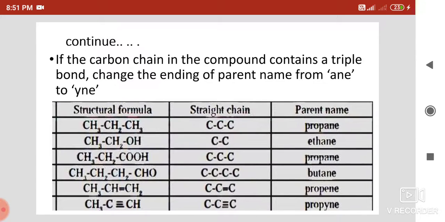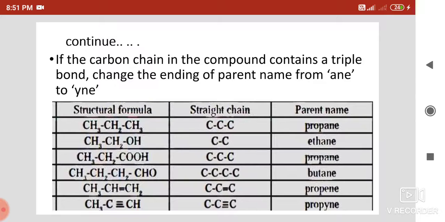Here the last letter is E, which you have to replace by OL. That means we remove E and write OL, because OL is for alcohol. So it is ethanol. CH3CH2OH is called ethanol.